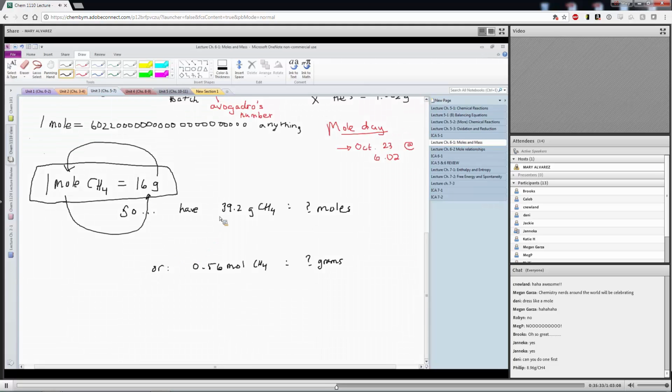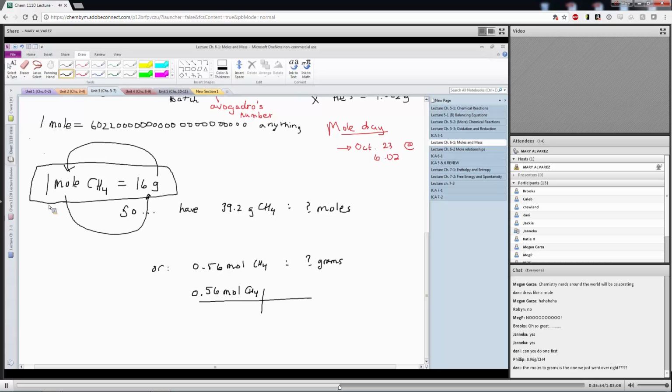So let's see here. Philip answered this last one, so let's check his work. He said, look, I was given 0.56 moles of CH4. And I don't want moles, I want grams. So I'm going to set this up to cancel out my moles and get grams on the top because that's what I asked for.